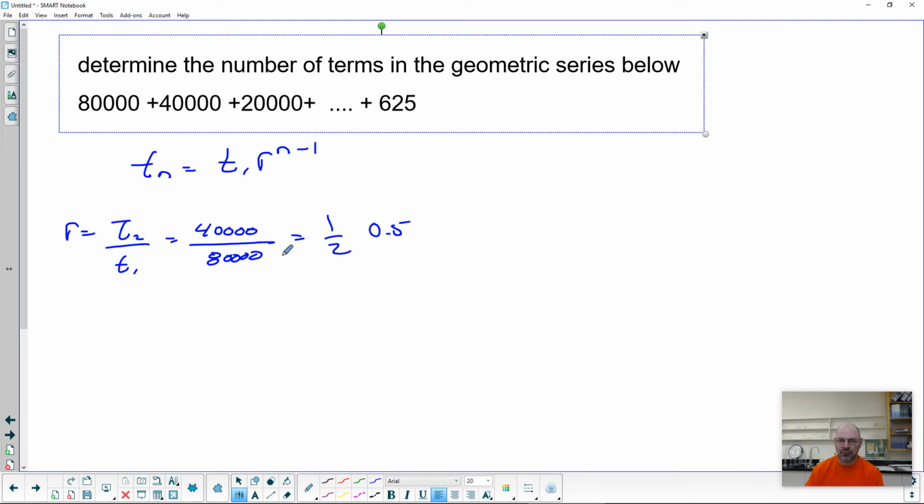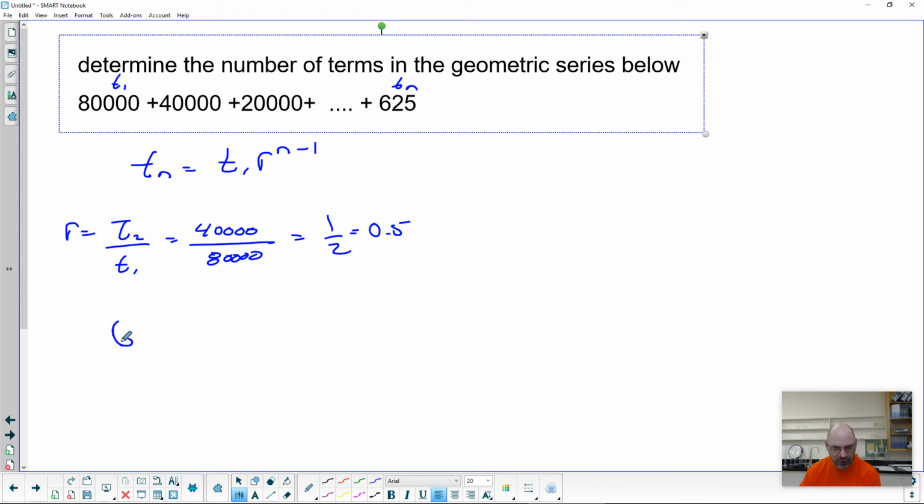If you do decimals, Molly, make sure that you don't round them off too much if you use a decimal for your R. Keep 3 decimal places or something like that so that you can get close to the right answer. If you use fractions, you'll be fine. T1 is given there, and this is Tn. So all you're going to do is plug in the result now into this formula.